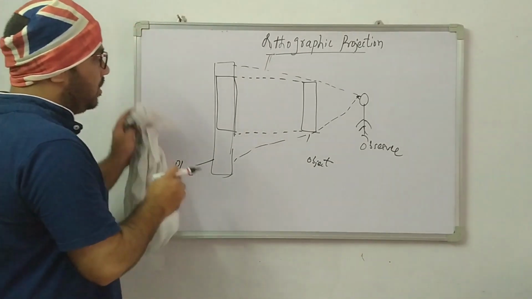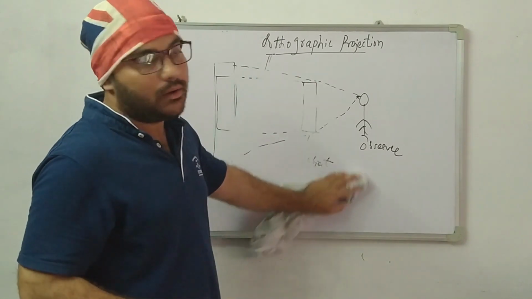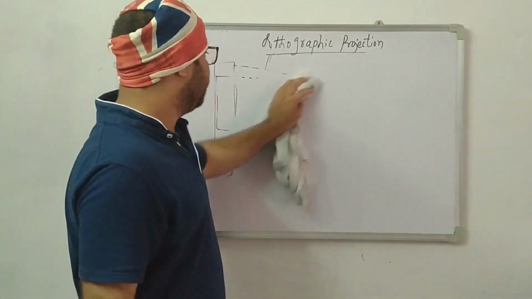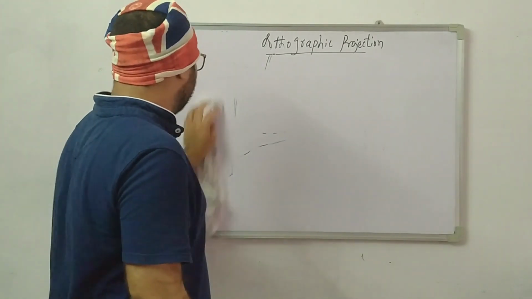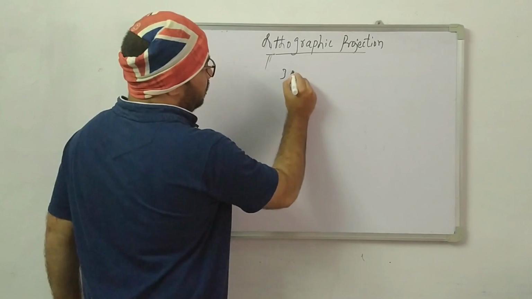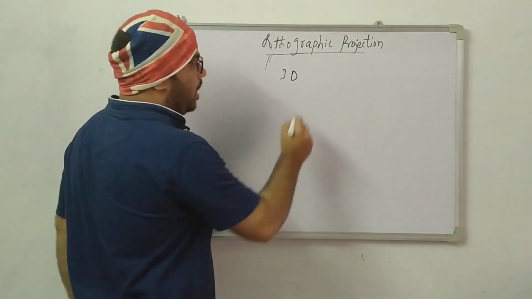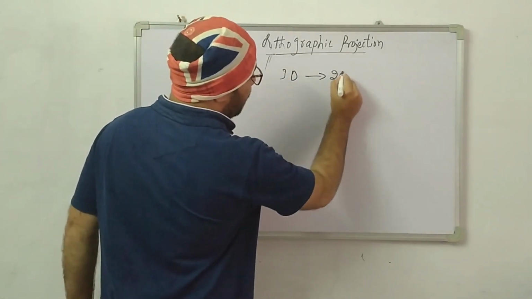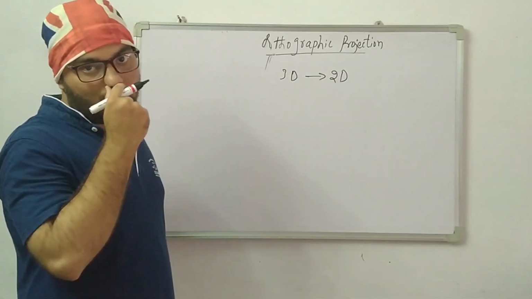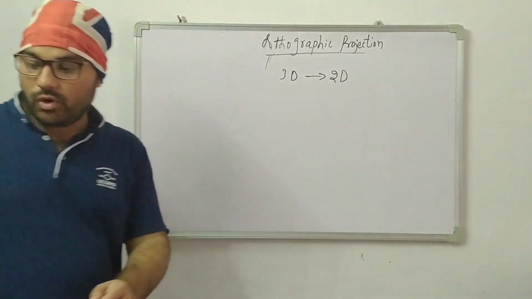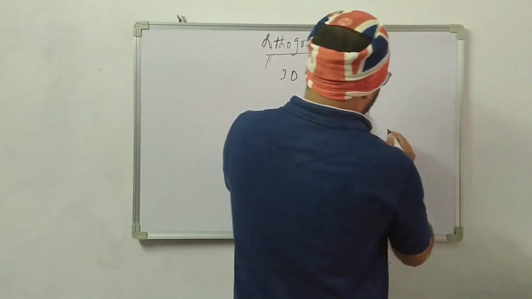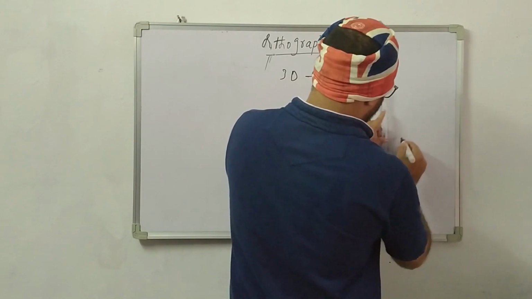Next, we are going to draw the front view, top view and side view of the given object. In orthographic projection, a three-dimensional object is given and we convert it into two-dimensional views. For example, I am going to draw a solid body.